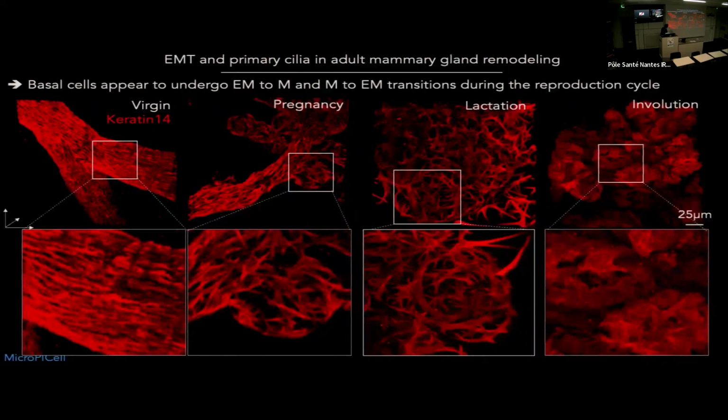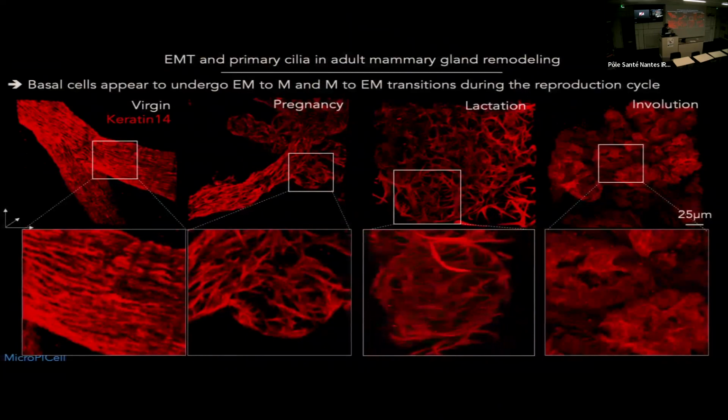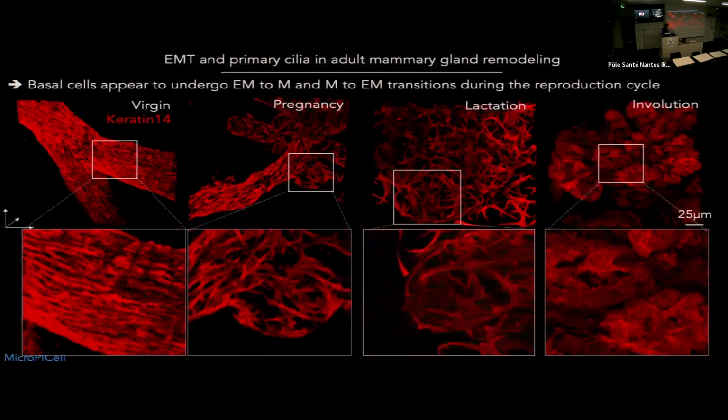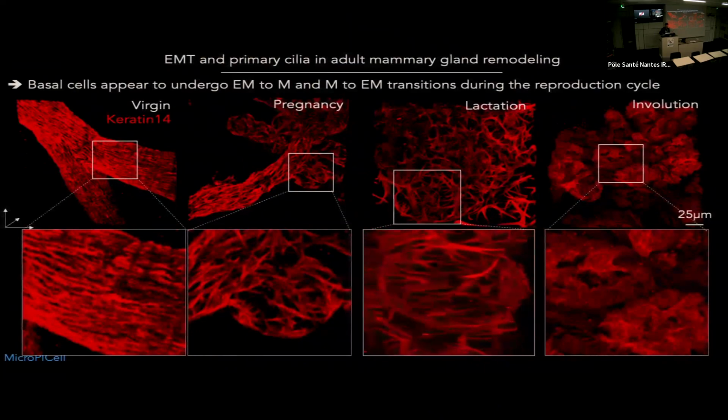The basal cells start to elongate during pregnancy, but acquire a fibroblastic phenotype during lactation and switch back to a more epithelial state. We are looking here at basal cells that are surrounding an alveolus in 3D, the place where the milk is produced.